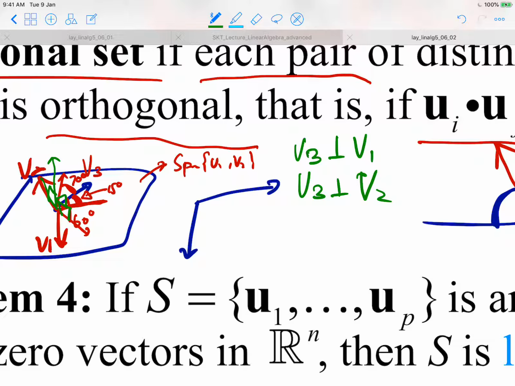So if we maintain these two conditions, then V3 will maintain the maximum angle of 90 degrees with respect to any vector chosen from the span of V1 and V2, because we know the linear combination of V1 and V2 will always be perpendicular, or orthogonal, to V3, right?